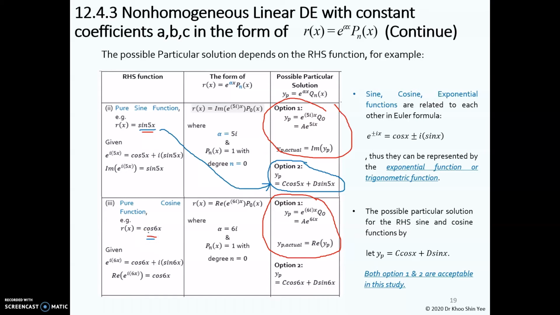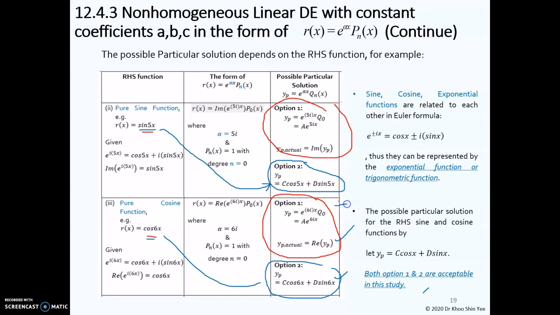If the right-hand side is equal to cos 6x, then we can propose the particular solution equal to c cos 6x plus d sin 6x. You can obtain the same answer for the particular solution using these two options. Therefore, both options are acceptable in this study.